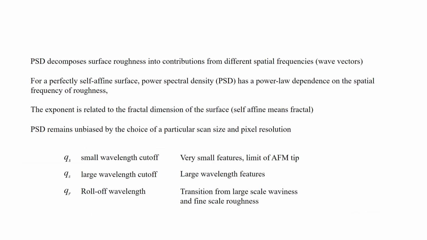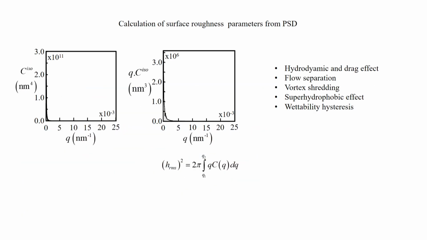So, let me come back here. Here for example, you can obtain the RMS roughness of the surface. One can show that this RMS roughness will be given by this particular relation, where q1 and q2 are the two limiting wave vectors, the smaller wave vector and the larger wave vector.